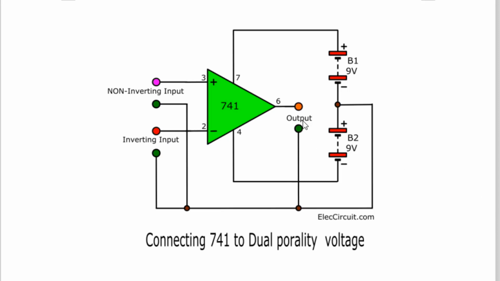So you see here, this output at pin number 6 is measured with respect to ground. Input is applied here, green, with respect to ground, and in this way the path becomes closed. This is the reason why there is no direct ground pin for the operational amplifier IC741.